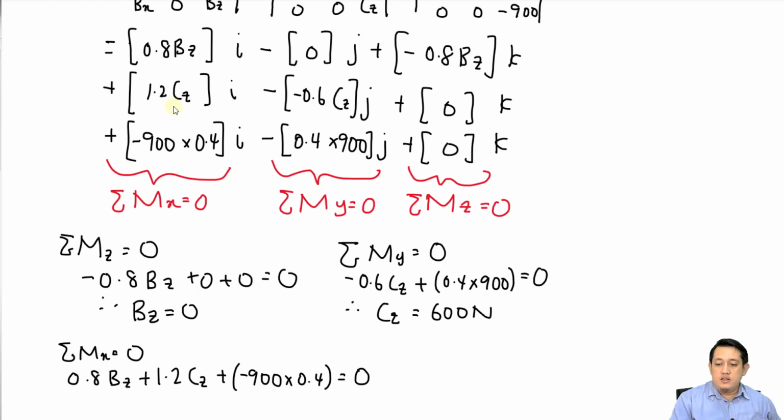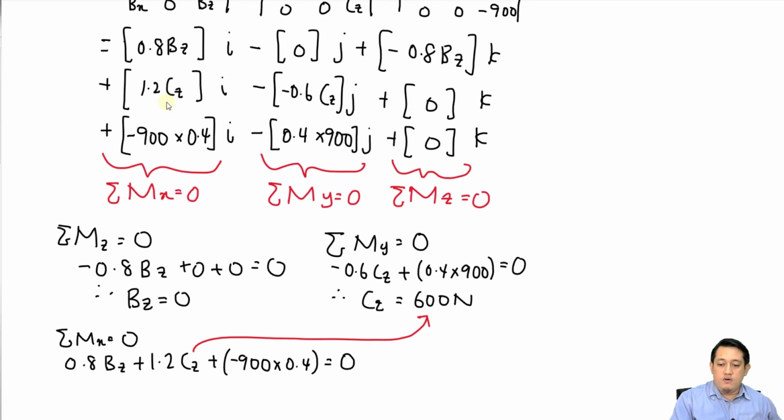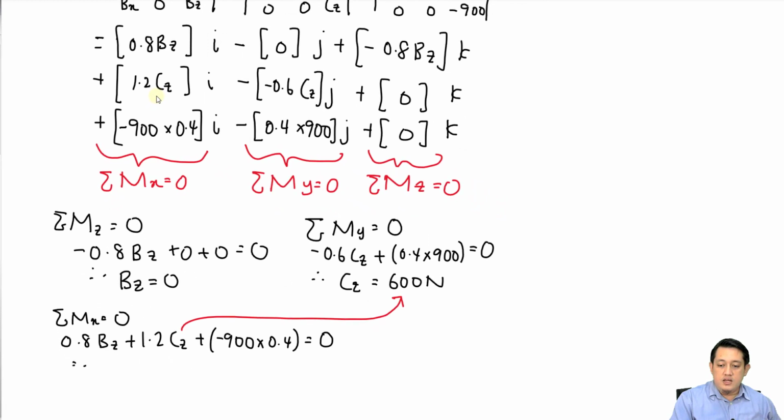Now we know that the value of Cz here is equal to 600 Newton. Therefore, if we calculate, we can get the value of Bz is equal to negative 450 Newton. As simple as that.